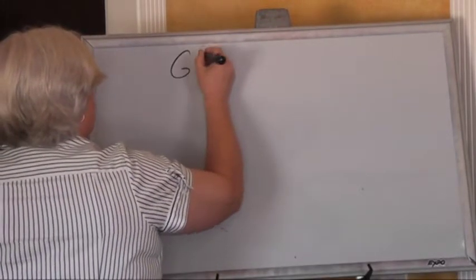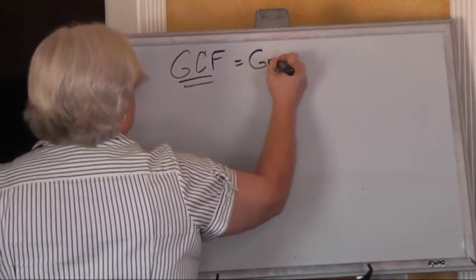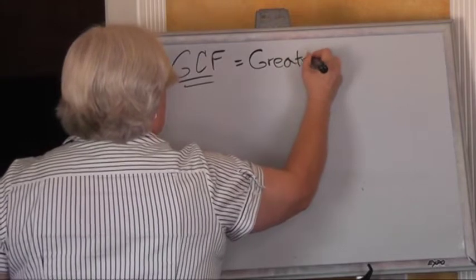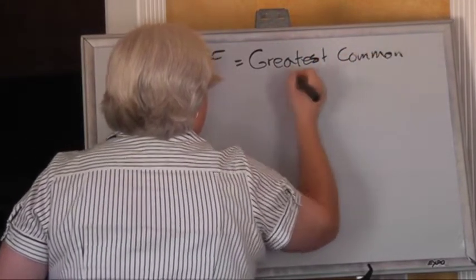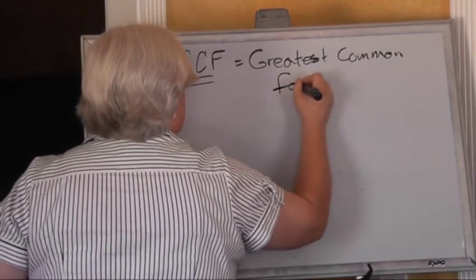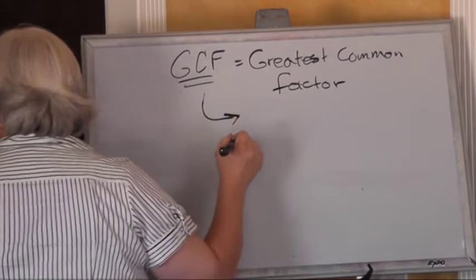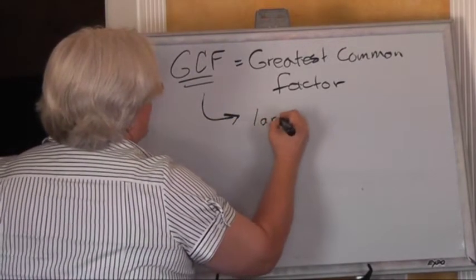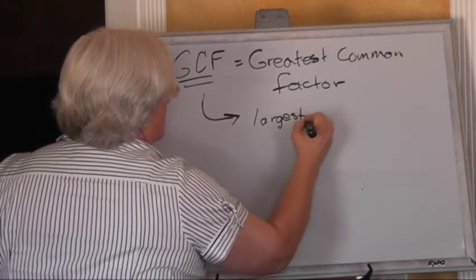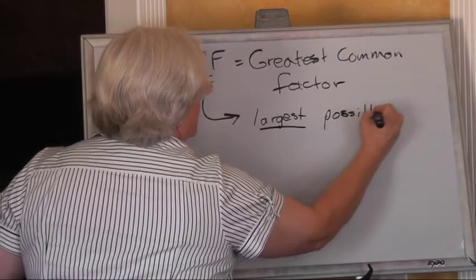So what is a GCF? Remember your GCF, that's called the greatest common factor. And you're going to use the greatest common factor lots. And what the greatest common factor actually is, it's the largest possible integer that will divide evenly into any two integers.